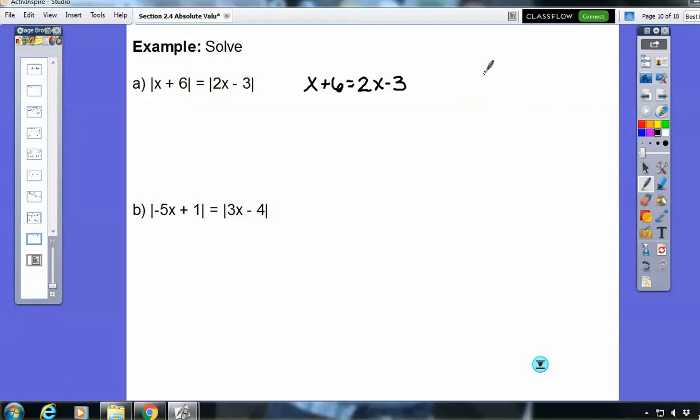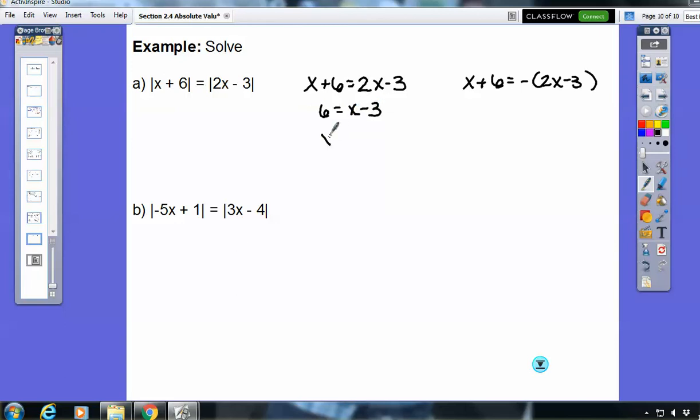The second one, you drop the absolute values and we made it a negative. What you have to do is make an entire side negative. So you'll have to distribute that negative. And then those would be the 2 equations you solve.